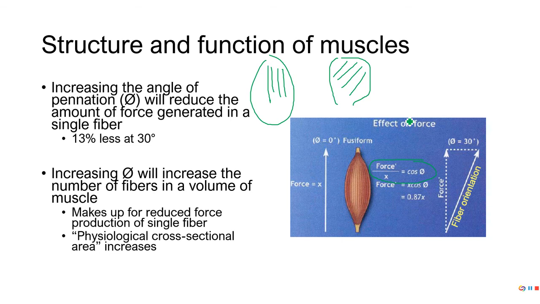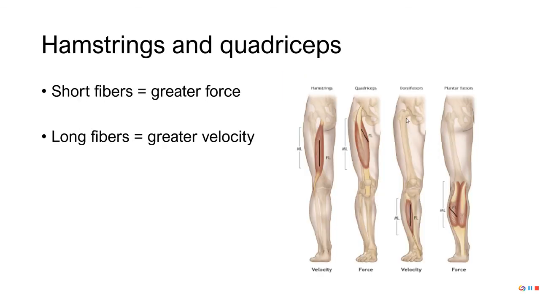Now, the other thing that's important to know is that short fibers produce a lot of force. Long fibers can produce more velocity. Let me say that again. Short fibers, great force. Long fibers, great velocity. So hamstrings can produce a lot of velocity, they're longer. Quadriceps can produce more force.